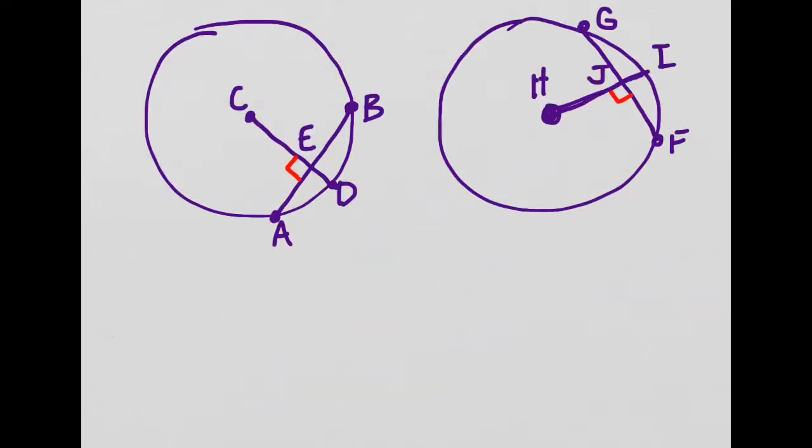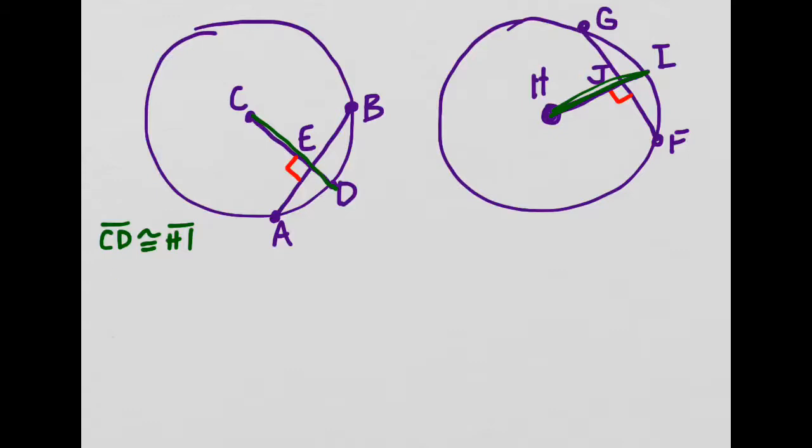Okay, let's try an example here. We need to find AB and GF. Those are the chords that we have in these two pictures. We know that CD is congruent to HI, so let's make those green. If you want to follow along, this is on page 347, example 2. We also know that CE is equal to HJ.